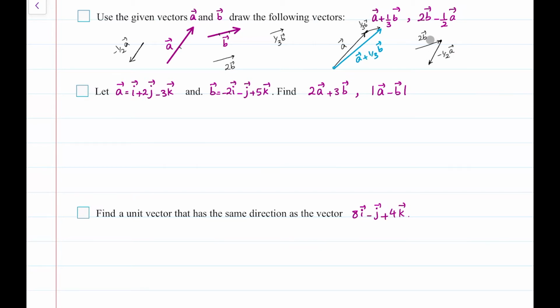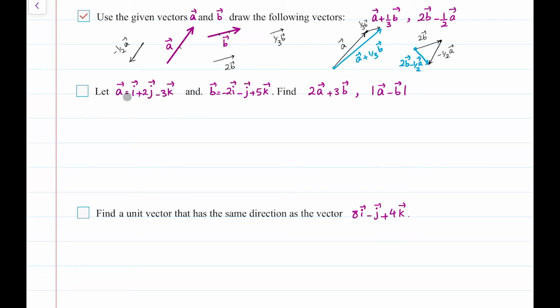The first vector, and then at the end of the first vector, I'm gonna graph the second vector, and then I'm gonna start at the beginning of the first vector, and I'm gonna go to the end of the second vector. So it would be 2B minus 1/2 A. Okay. Done. How about the second one?